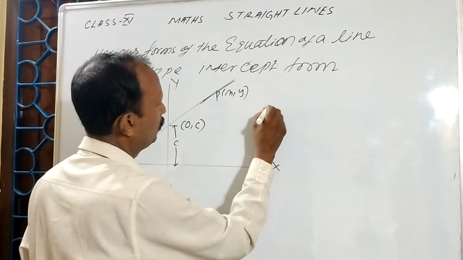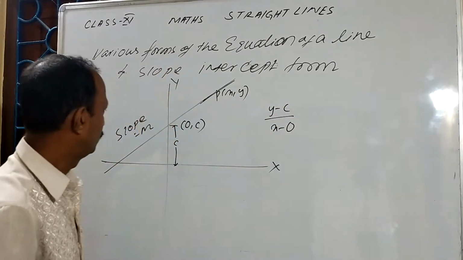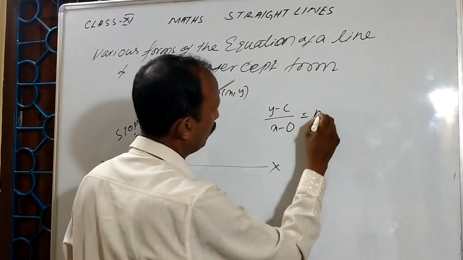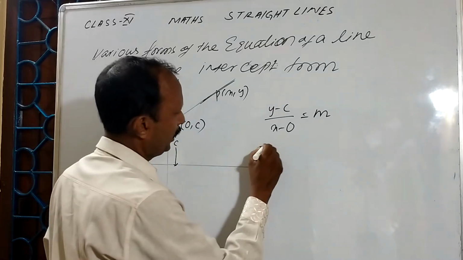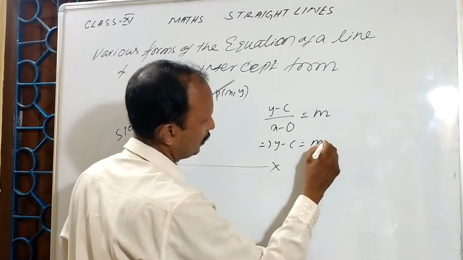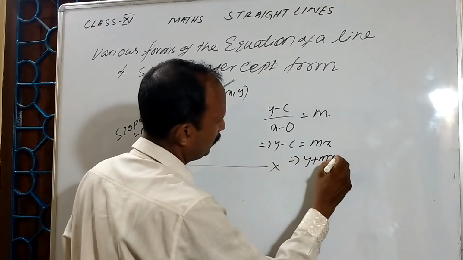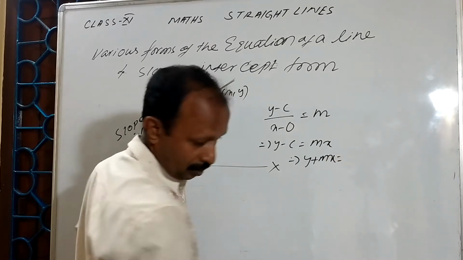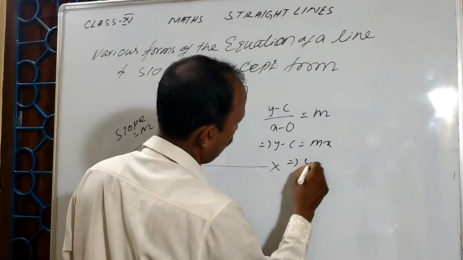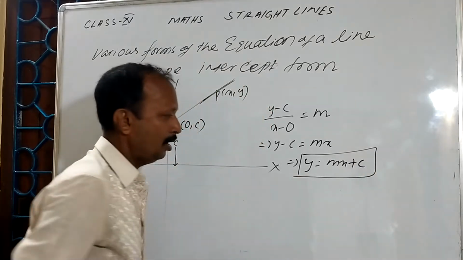That means (y minus c) divided by (x minus 0). This is the slope. Suppose the slope is given as m. So I wrote this is equal to m. So I can write that y minus c is equal to mx, or I can write y equal to mx plus c.